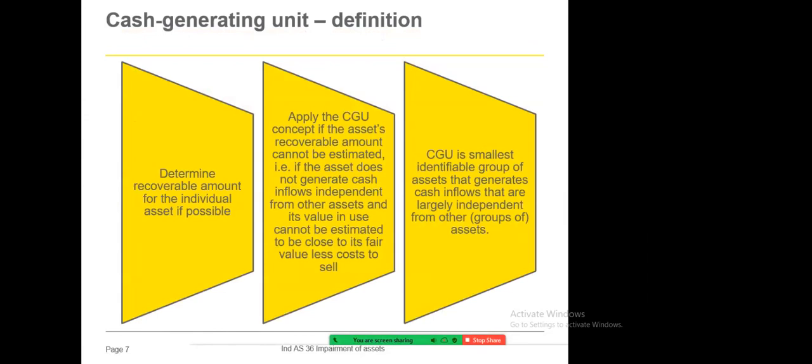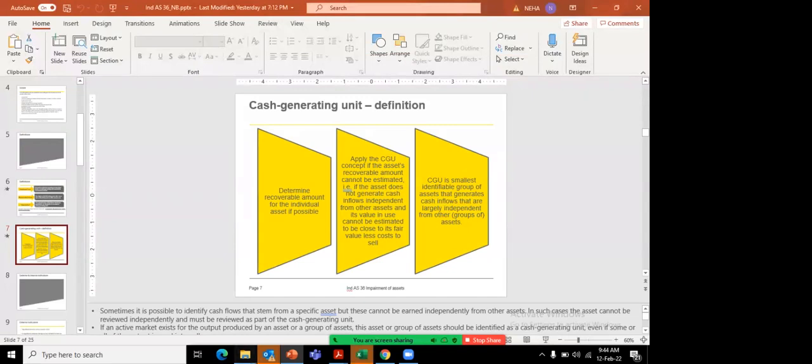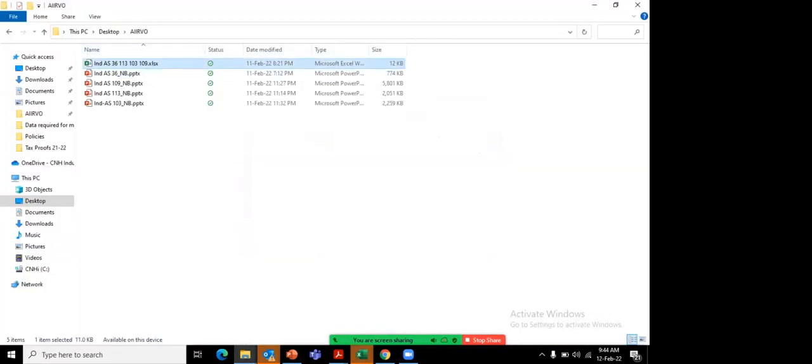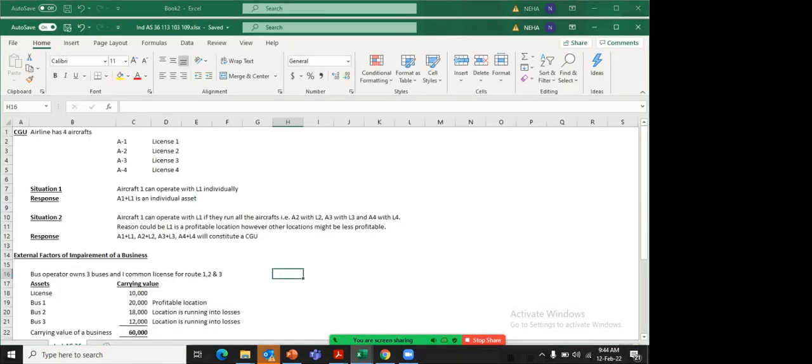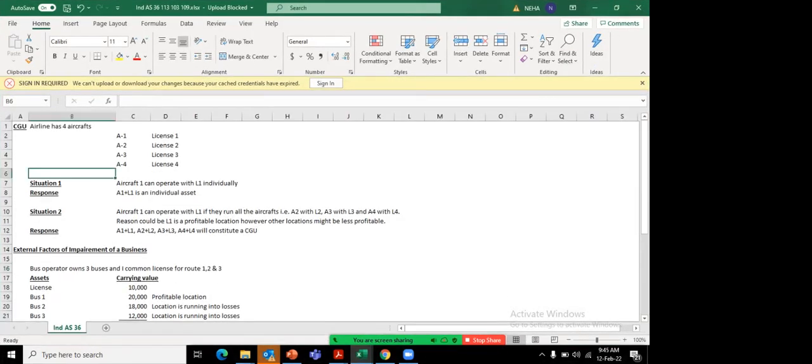Now let us understand what we mean by a CGU. Let us understand this with the help of an example. I hope my Excel file is visible. Here I have taken an example of an airline company which has 4 aircrafts. Aircraft 1 operates with license 1, aircraft 2 with license 2, aircraft 3 with license 3, and aircraft 4 with license 4.